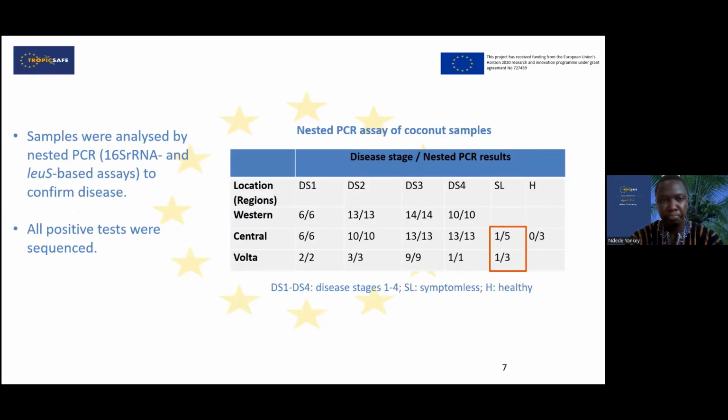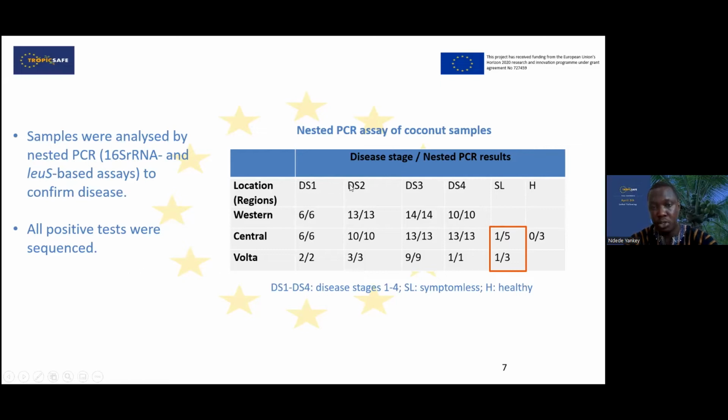Now, what we did was first to use nested PCR to confirm the symptom observation we had seen in the field. We used nested PCR using 16SrXXII and then US-based assays.